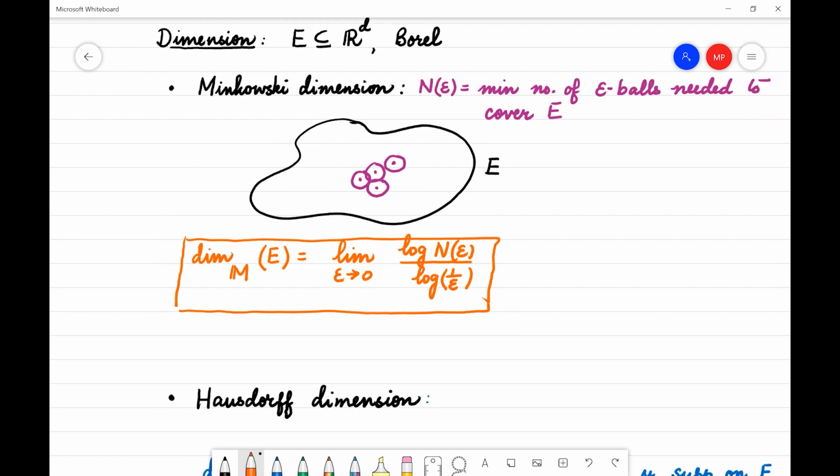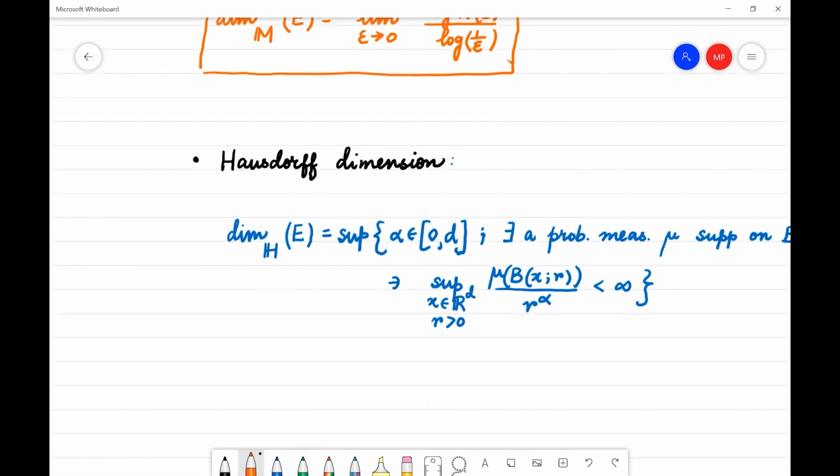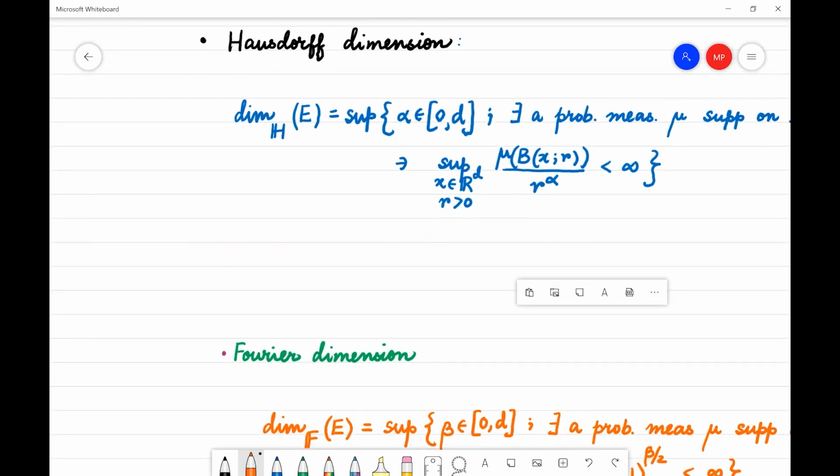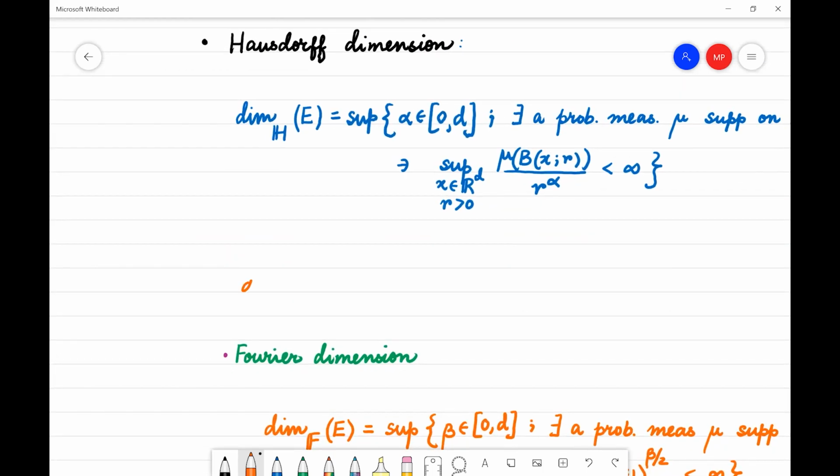So some examples would help in putting things in context. So for example, there is the relation between the three, and I'll put it over here. The Fourier dimension of a set E is always less than or equal to the Hausdorff dimension, and that is in turn less than or equal to the Minkowski dimension.